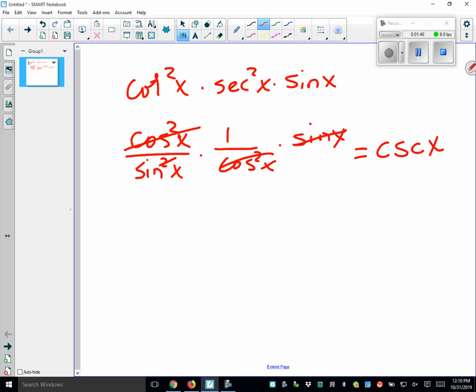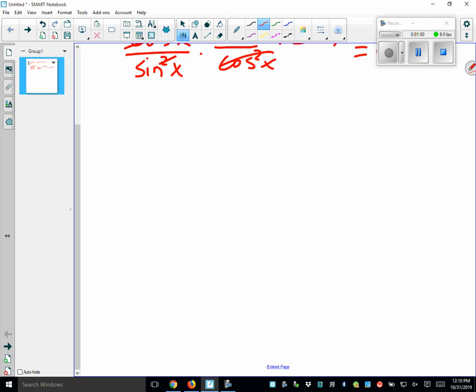All right. Use addition or subtraction identities to find this value. Oh, sorry, that's wrong.